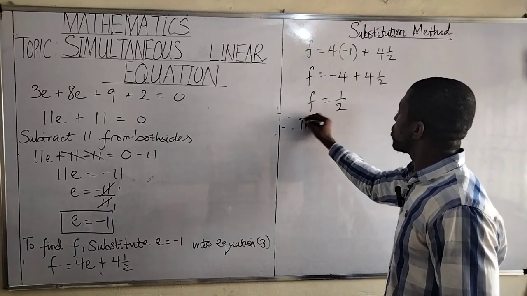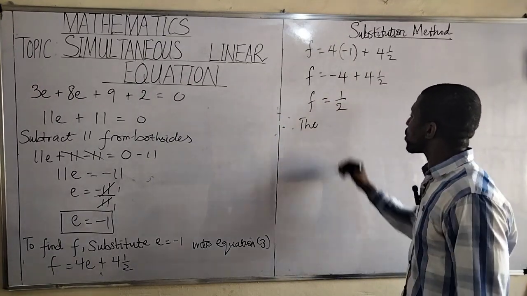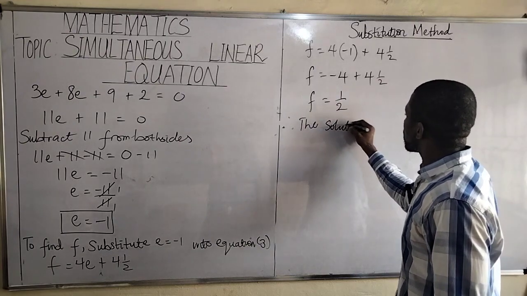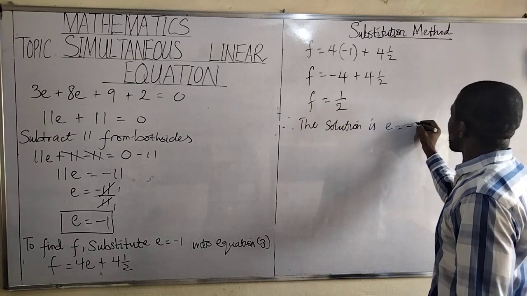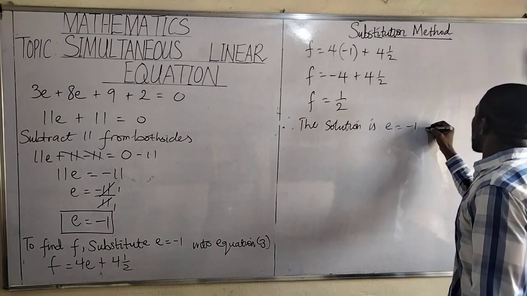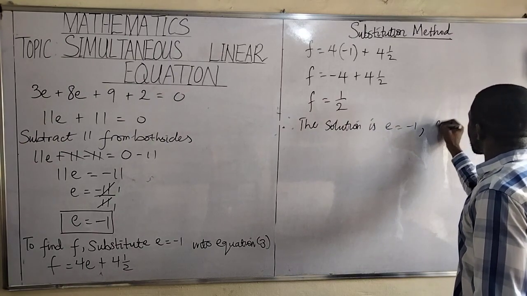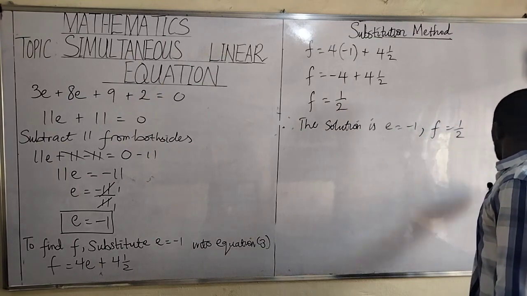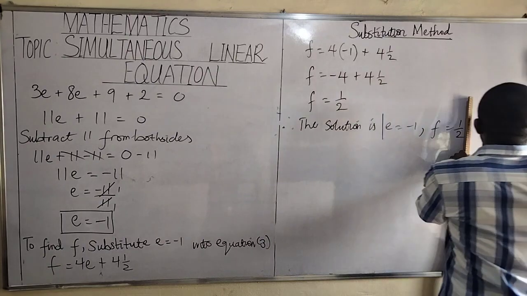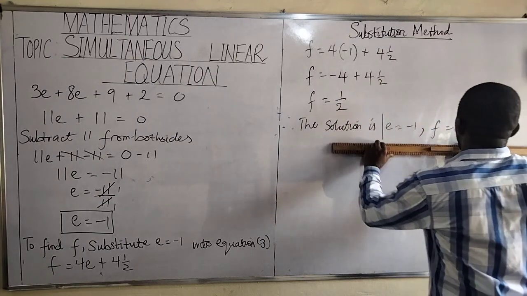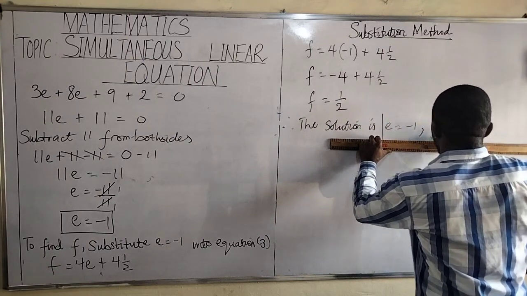Therefore, the solution to this simultaneous equation is e equal to negative 1 and then f equal to 1 over 2. So this becomes our answer. Okay. So we are done solving question number 1.